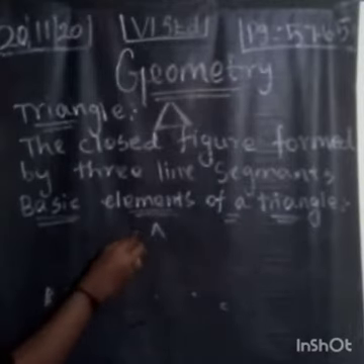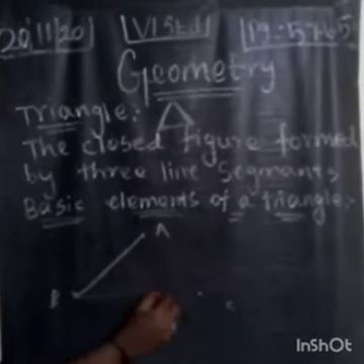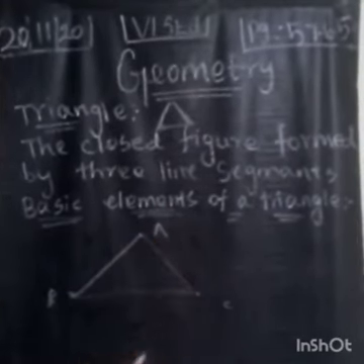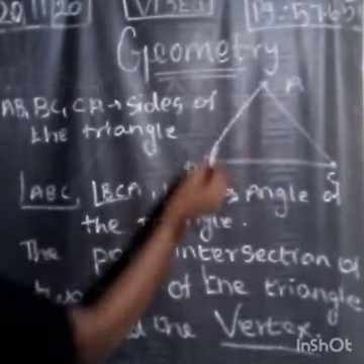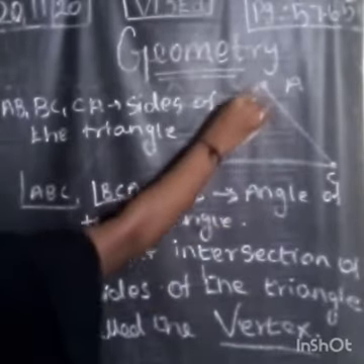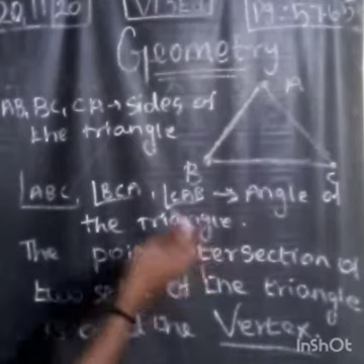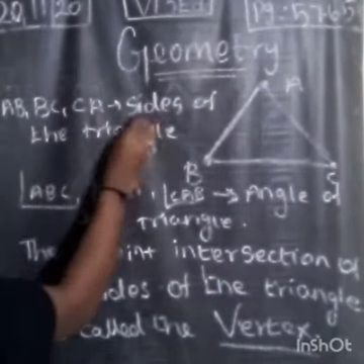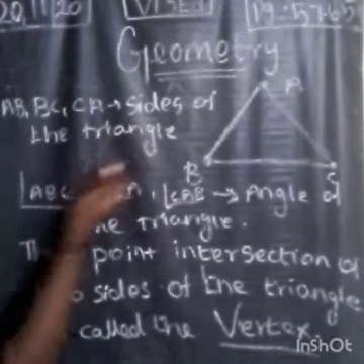The line segments AB, BC, CA are called the sides of the triangle.